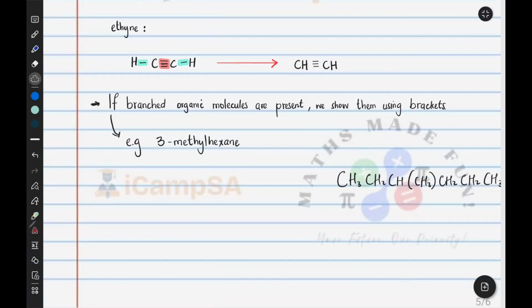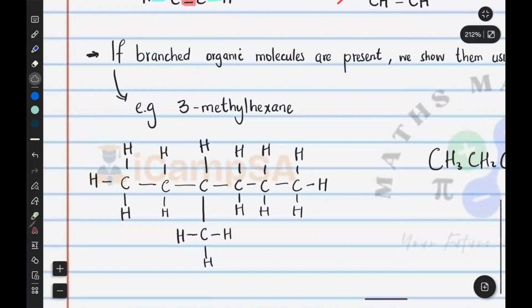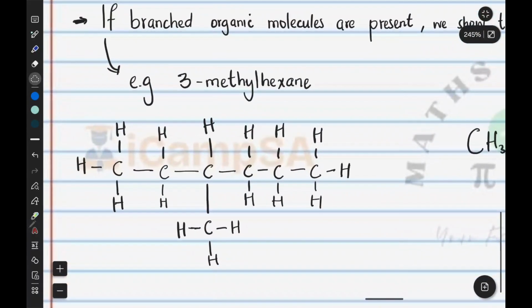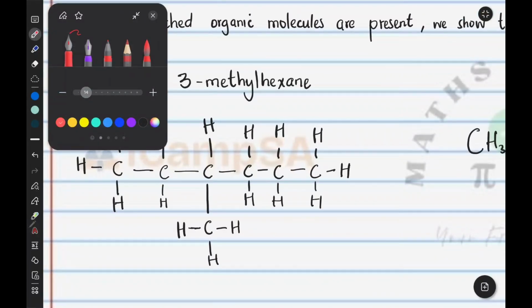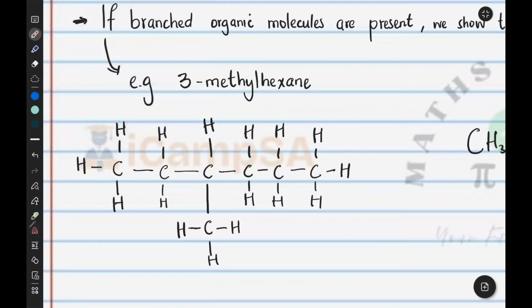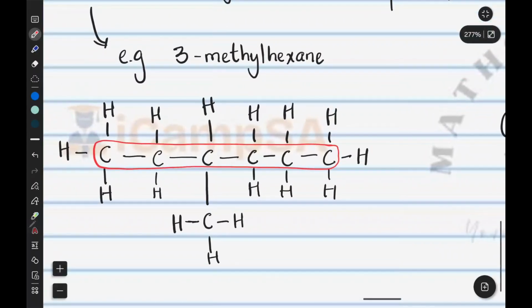So we will learn later on about the long chains and the branches. So essentially what we have here is this long continuous carbon chain, right? This one. Now there is this external branch which is not part of the long chain. All right, so that's what we mean by branch.